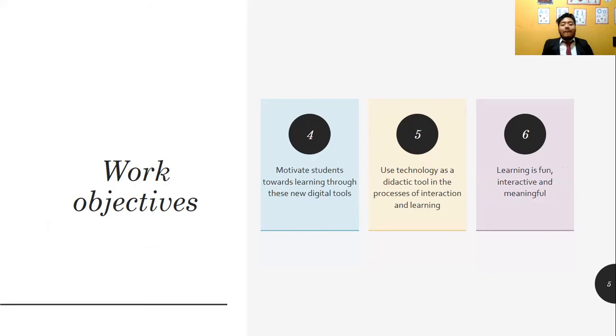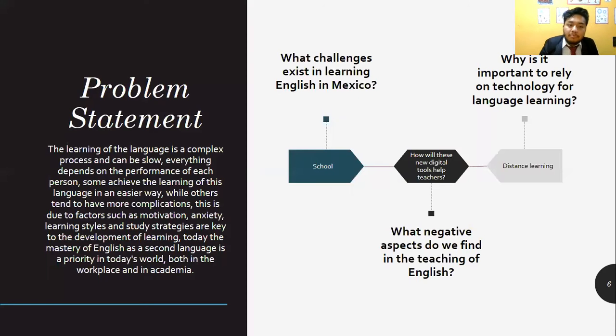Okay, number four, motivate students towards learning through these new digital tools. Number five, use technology as a didactic tool in the processes of interaction and learning. And the last one is learning is fun, interactive, and meaningful.